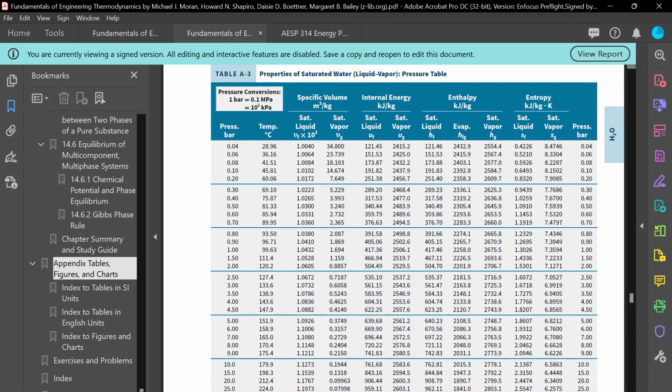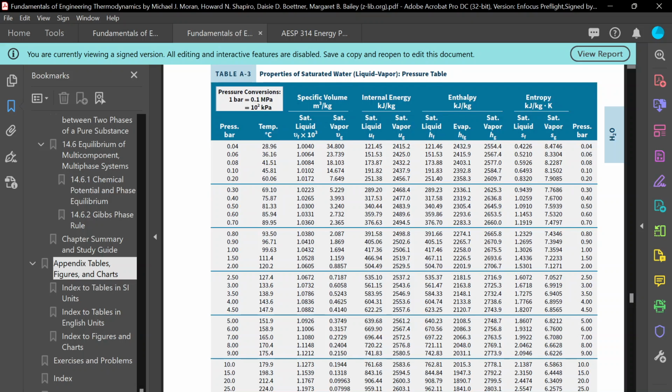Igor was right. 1 bar is 10 to the power 5 pascals. So 0.008 megapascals is 0.08 bar. That's it. So this is the value we want to look at.